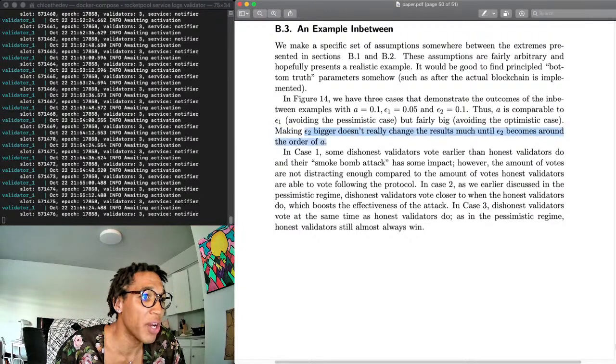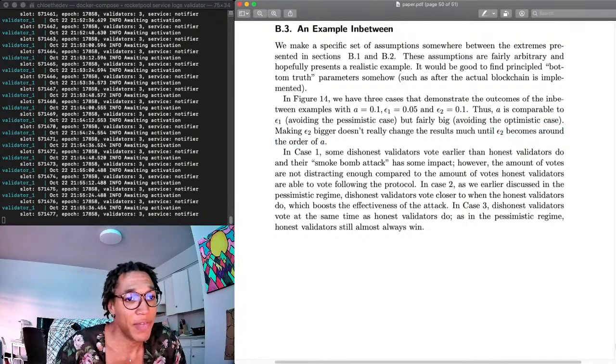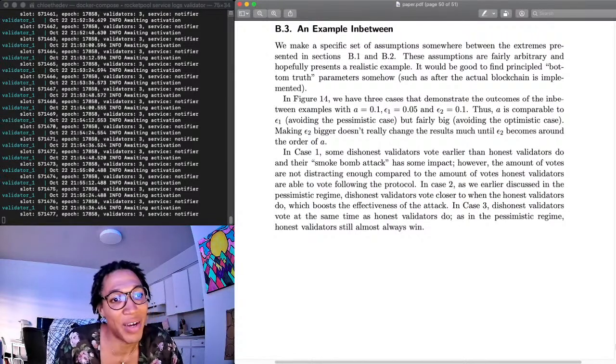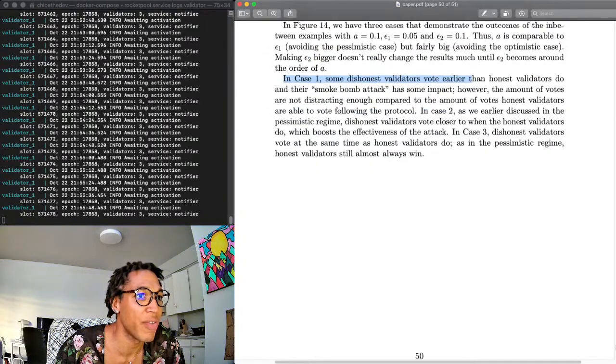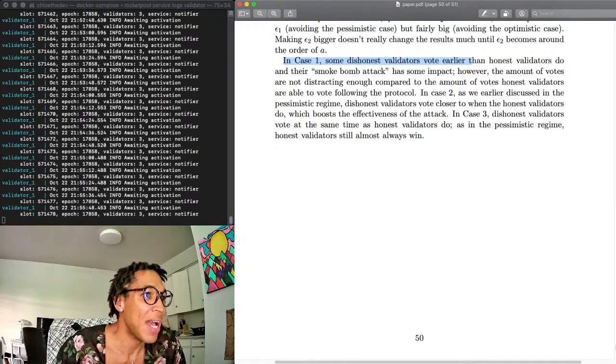Making E2 bigger doesn't really change the results much until E2 becomes around the order of A. And again, checking this math is best done by inputting actual values into the equations above. In case 1, some dishonest validators vote earlier than honest validators do, and their smoke bomb attack has some impact.